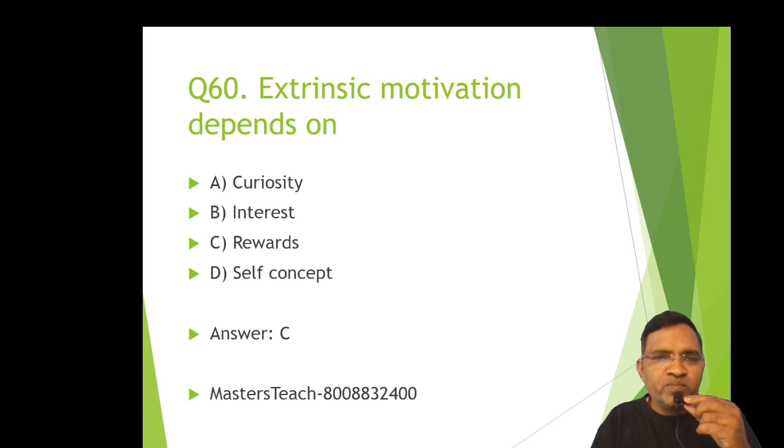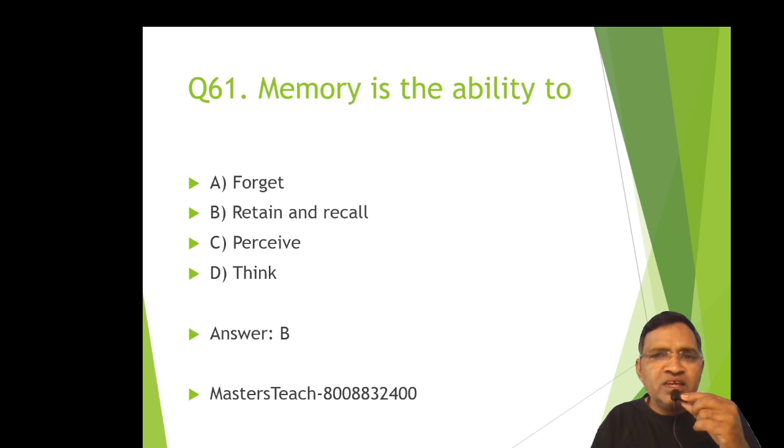The answer is rewards. Memory is the ability to A. Forget, B. Retain and recall, C. Perceive, D. Think. The answer is memory is the ability to retain and recall.